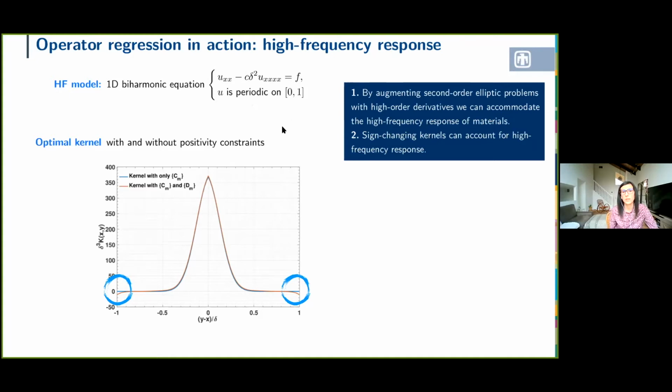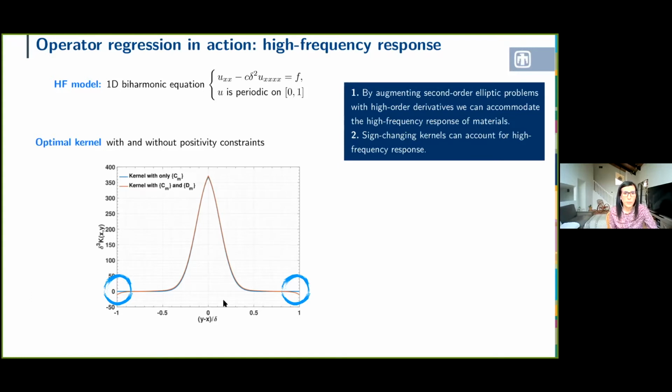And this has been used by some of our collaborators at Sandia. So this is what we're going to use on a fine grid to generate high-fidelity simulations. And what we're going to do is to learn based on this data. We're going to solve the optimization problem with our well-posedness constraints, and we're going to find the optimal kernel.